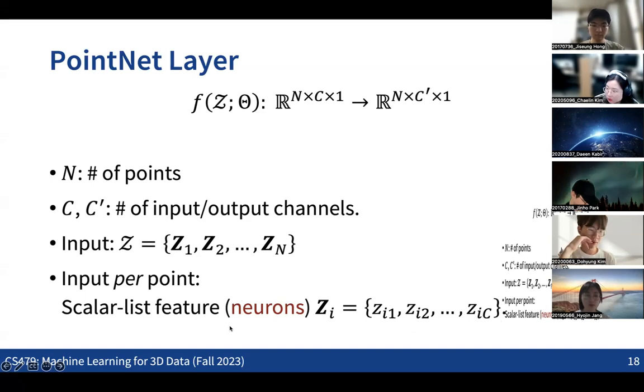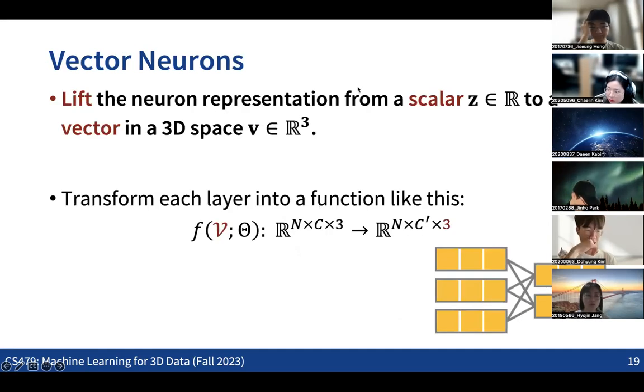So this was the setup where we treat each layer of PointNet as a function. And here, what we want to do is transform this function so that it handles not just scalar values, but actually vectors.